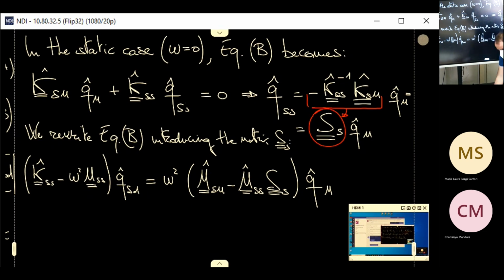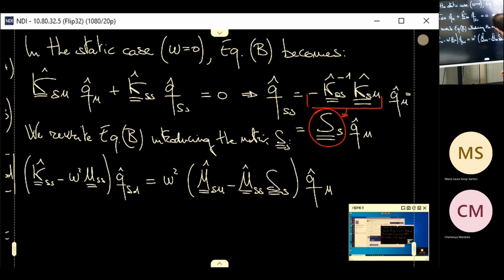Okay, so in this equation here, I already got a relationship between the static part of the slave vectors and the master nodes. Here, I'm getting a relationship between the dynamic part of the slave vector and the master node. So eventually, if I put together all of this, I'm getting a relationship between the slave nodes and the master nodes, which is what I was actually searching for.